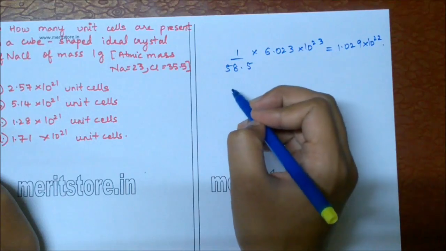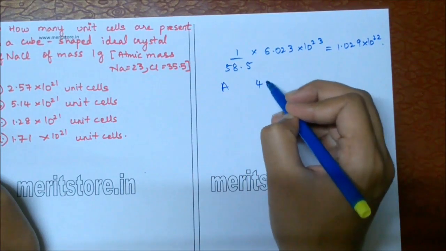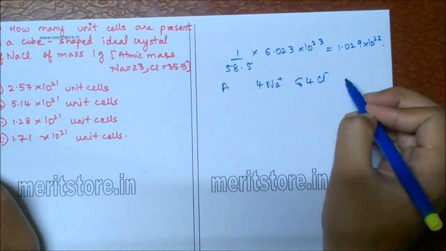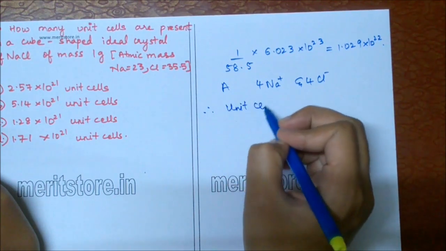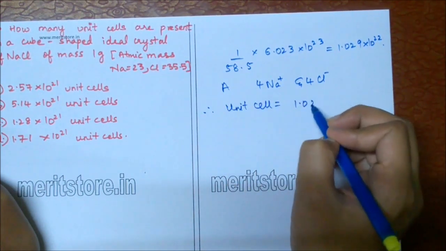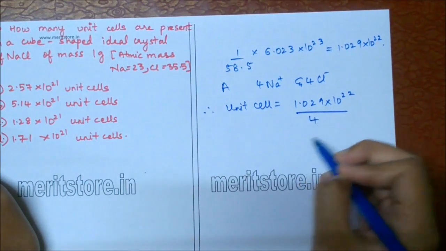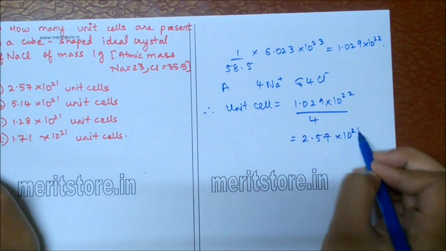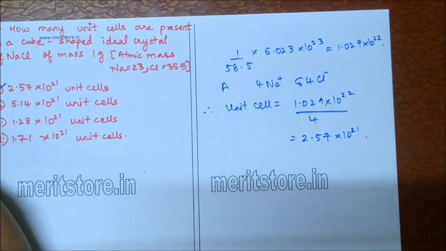A unit cell contains 4 sodium ions and 4 chloride ions. Therefore, unit cells are equal to 1.029 into 10 raised to 22 upon 4, which is equal to 2.57 into 10 raised to 21 unit cells. So option A will be the correct answer.